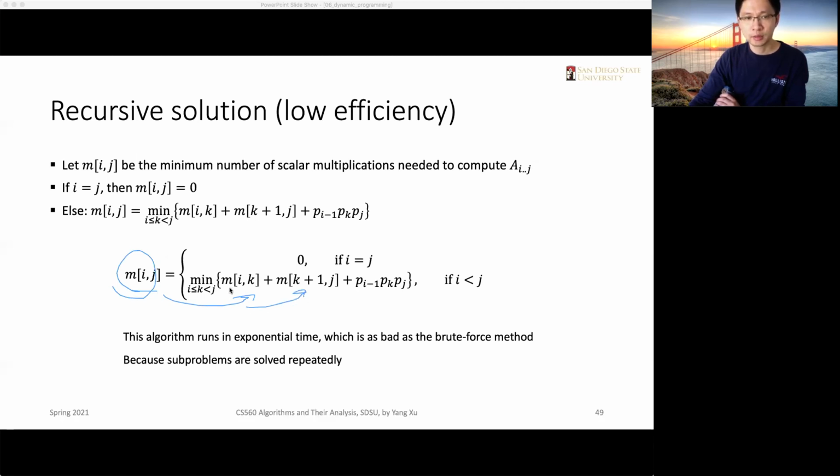For any k that we choose, the subproblem from i to k and the subproblem from k plus 1 to j are all smaller subproblems of the original problem from i to j.